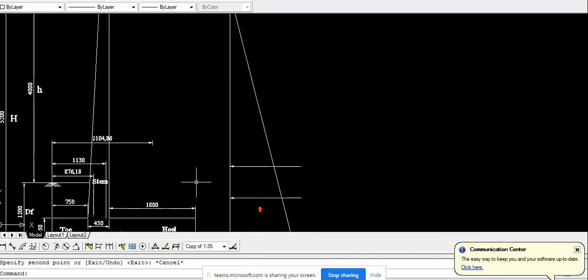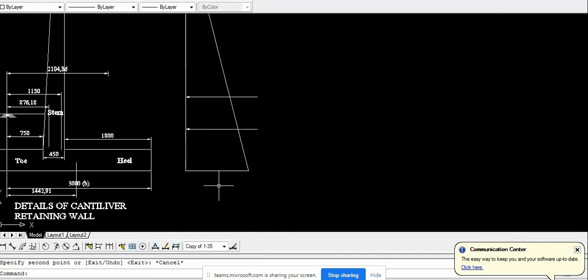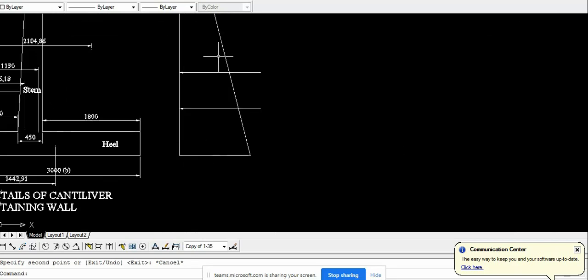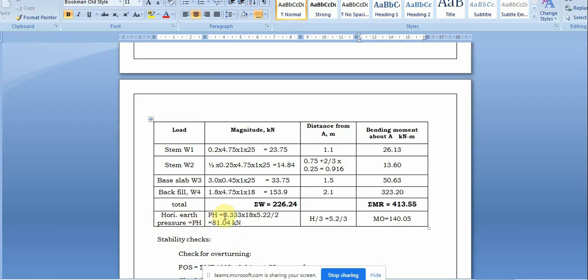So you can see like this, the horizontal pressure will be there. Total height, this value we call it Ka density into H. H is this, density is of the soil, then Ka is the active earth pressure in the horizontal direction towards the left hand side. So that formula is applied here.